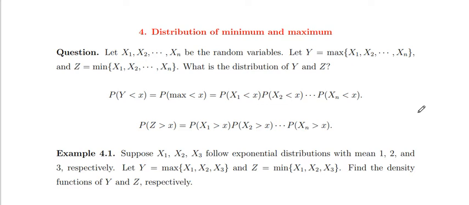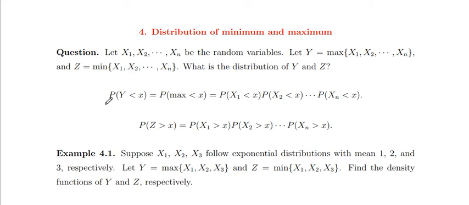Then what is the distribution for Y and Z? To find it, we check their cumulative distribution function. Once we find the cumulative function, we can find the density function, and then we can find everything, like the variance.